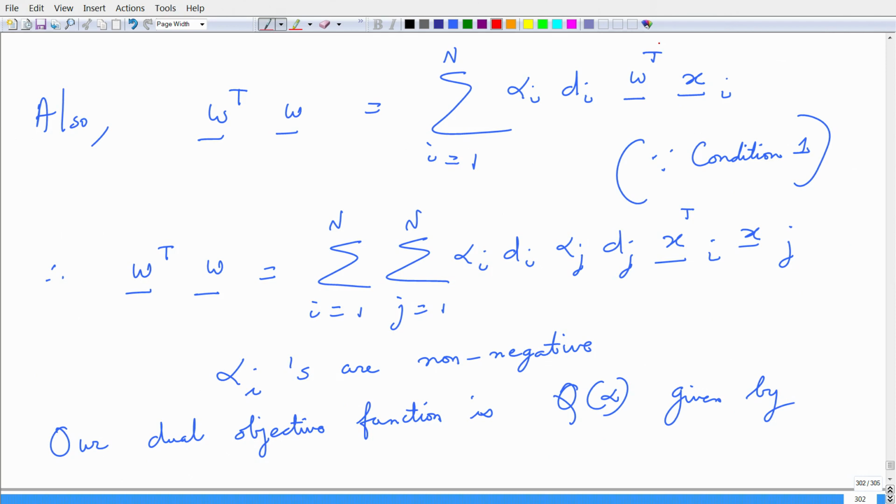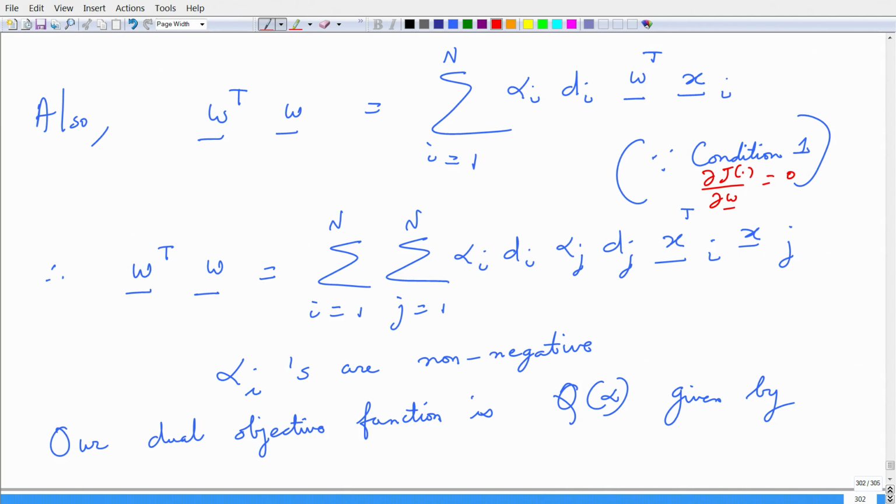Now, I compute W transpose W. So, basically I replace W by the summation i equals 1 to n alpha i d i times x i. Alpha i and d i are scalars, x i is this vector. So, therefore, W transpose W is this, from condition 1 by computing the derivative of J with respect to W. Okay.